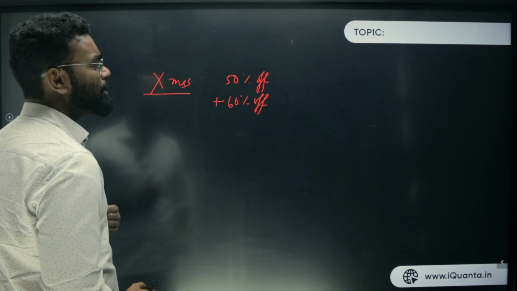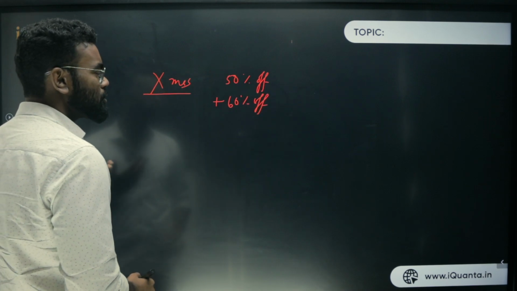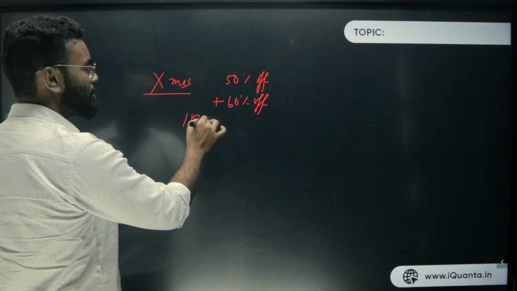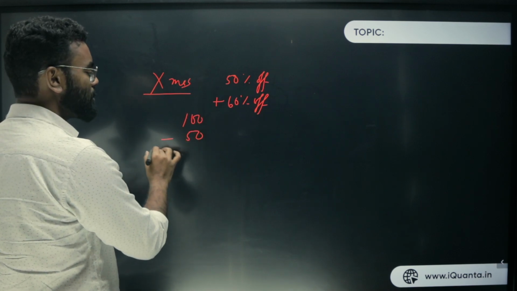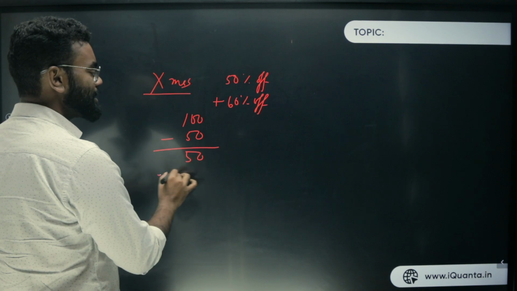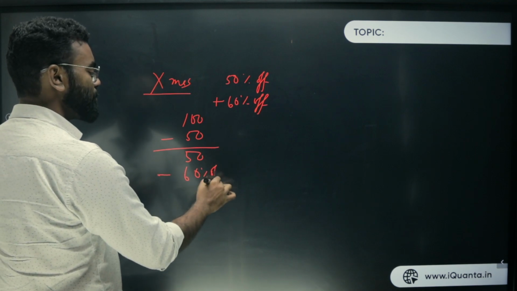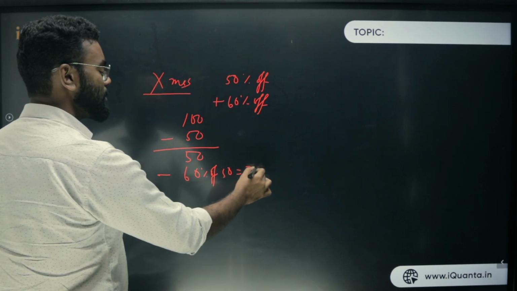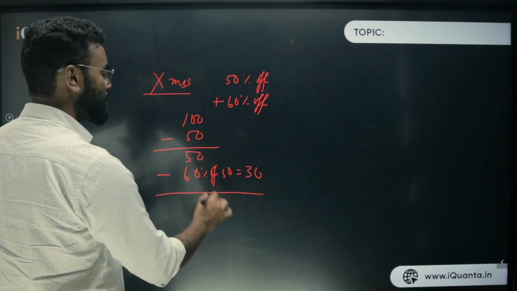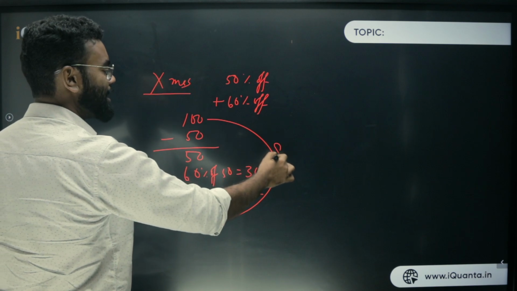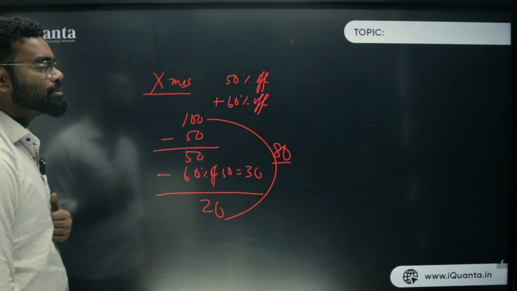So what is the total discount you're getting? Take 100. First there is a 50% discount, so it becomes 50. Another 60% discount: 60% of 50 is 30, so now it has become 20. So 100 was there, 20 is left, so 80 rupees is the discount, which is the same as 80%.